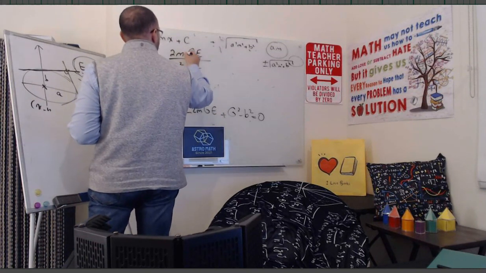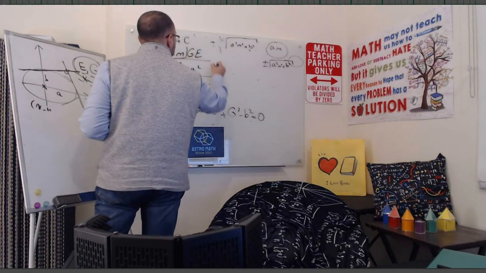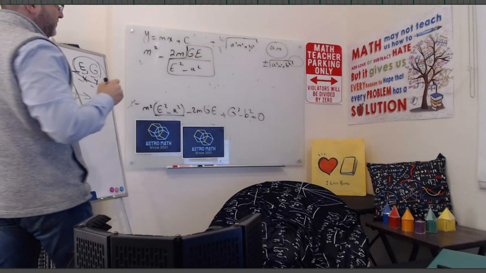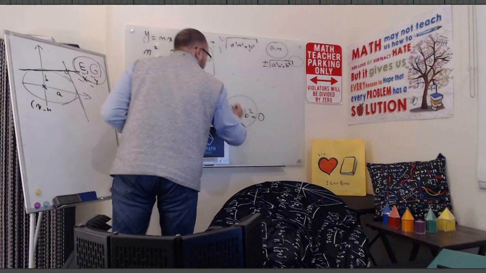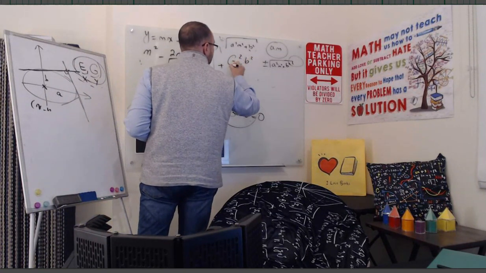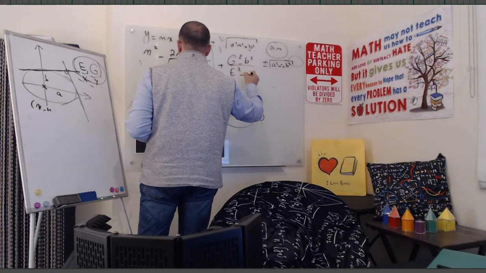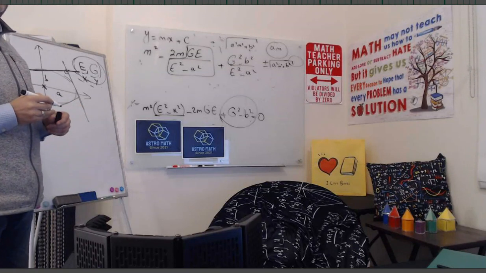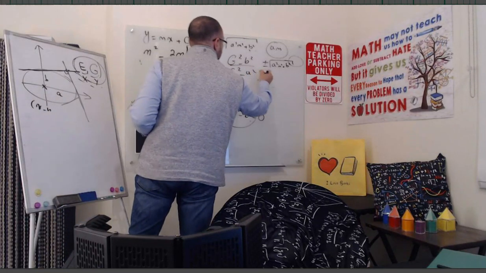You tell me that's difficult. Not really. You will see where we're going to end up with this. Now, I also want to divide this constant: plus g² minus b² divided by e² minus a². Everyone can see this? Equals 0, of course.